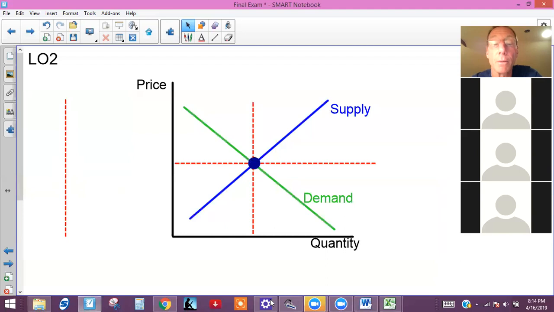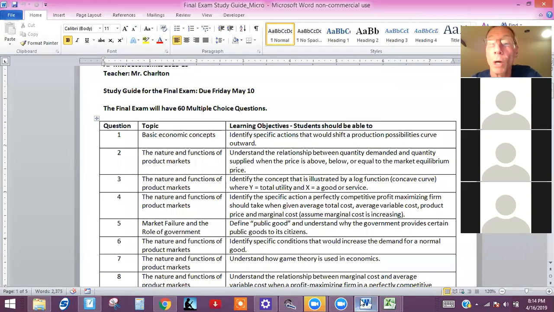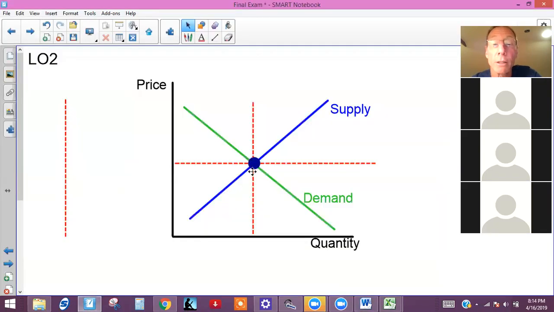Let me go back to this. If quantity demanded and quantity supplied are equal, right? If we're here, then price is exactly equal to the market equilibrium price, isn't it?